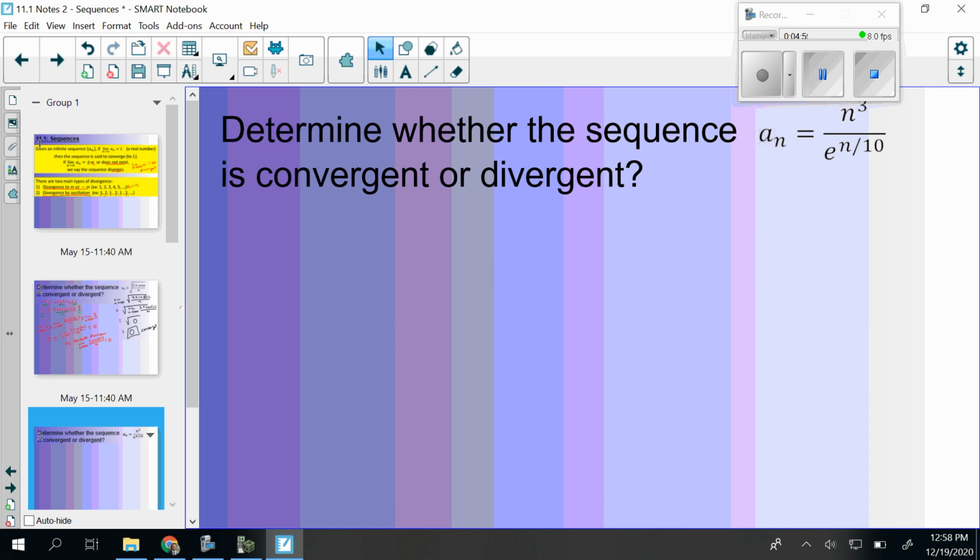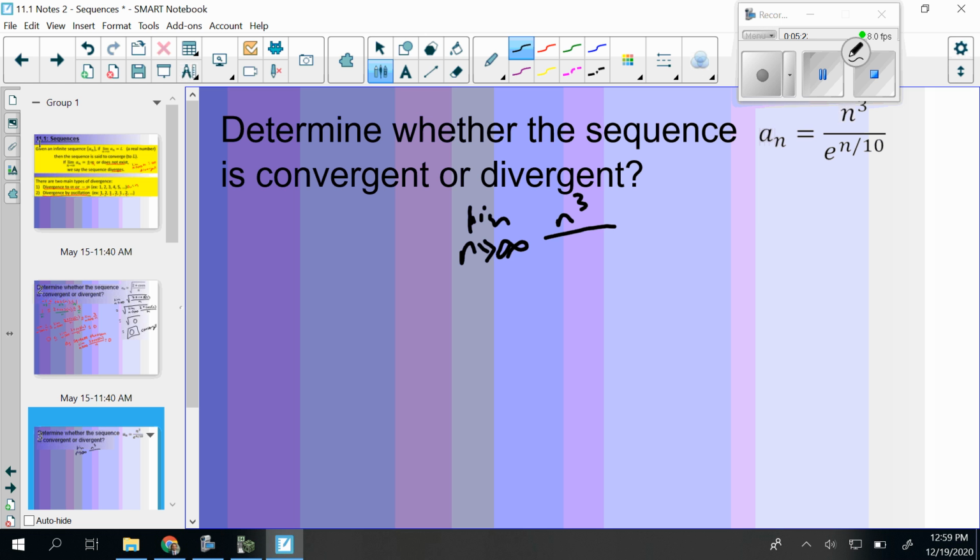All right, let's look at this one. What's this limit going to be here as we go to infinity? Marker's not working very well. Let's try again. Limit as n goes to infinity of n cubed over this.